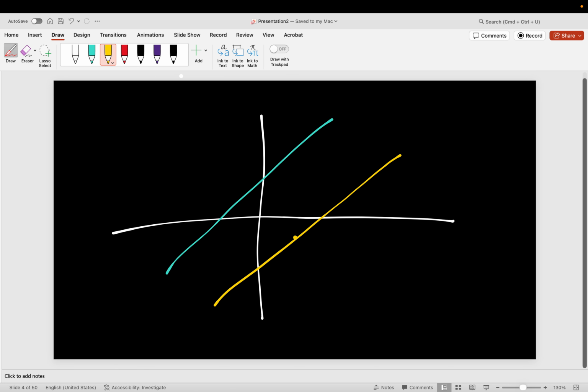And since they're parallel, even if they go on forever and ever till the end of time, they will literally never intersect. So if I gave you two lines that are parallel and you're asked to solve the system of linear equations, since there's no point where they intersect, you would have no solution.